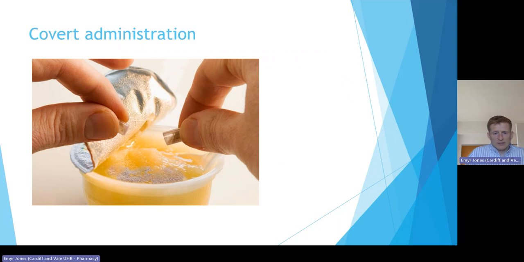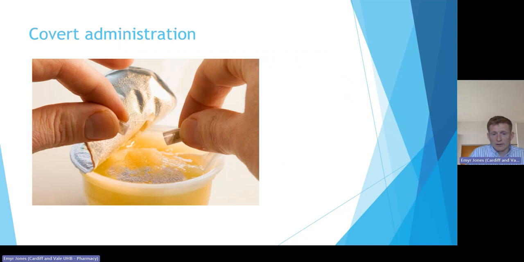If the resident lacks capacity, then there should be a best interest meeting involving the people who understand the resident. So there would be the care home staff and relevant health professionals. We need a medication review to ensure that the medicines are still appropriate and needed.